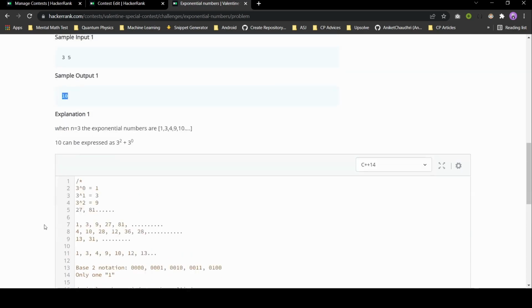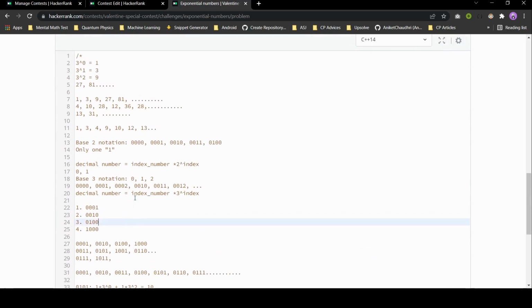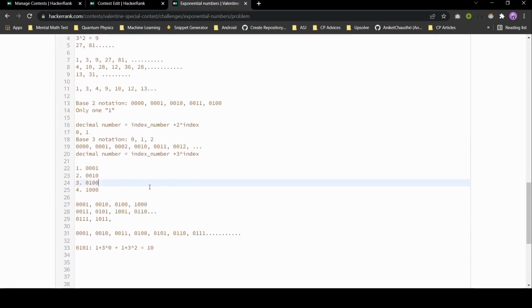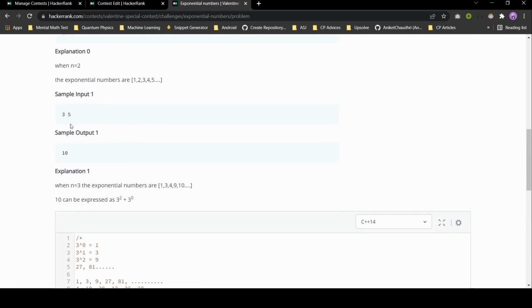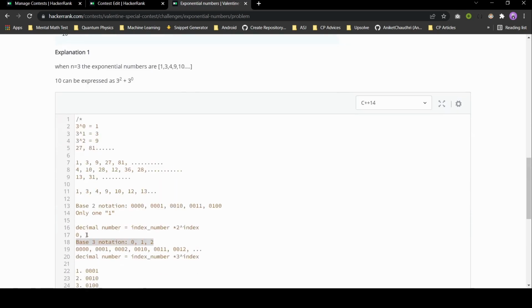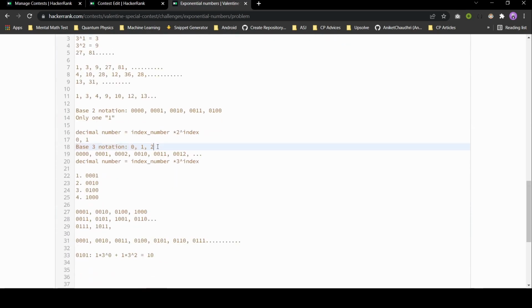So let's recap what we have done here. We get the base n from the problem, and we write all the numbers in its base n notation. For this particular case we are seeing the base 3 notation, so we write all the numbers in base 3 notation, in ascending order.